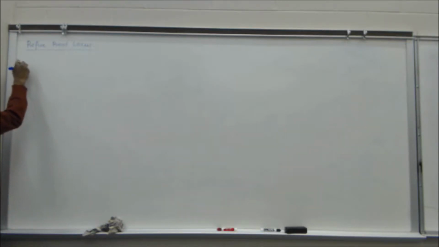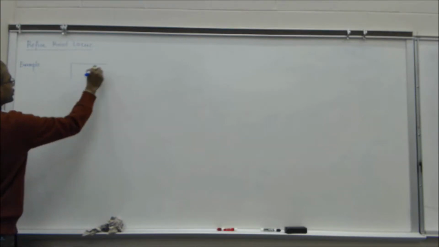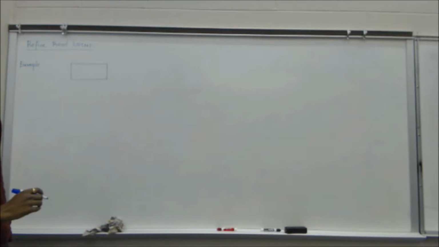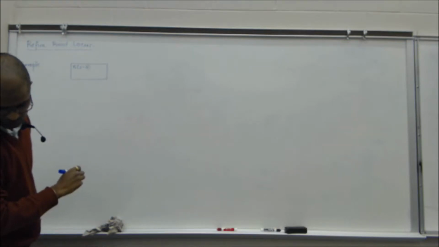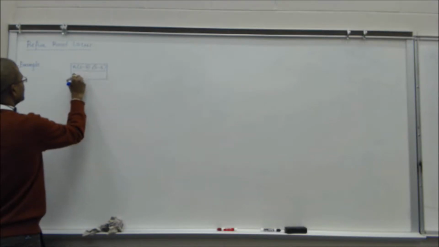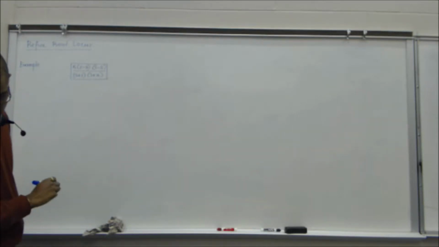The example we're going to talk about is k into (s minus 3)(s minus 5) over s plus 1 into s plus 2.